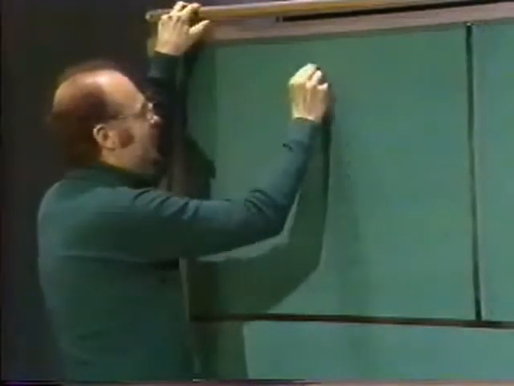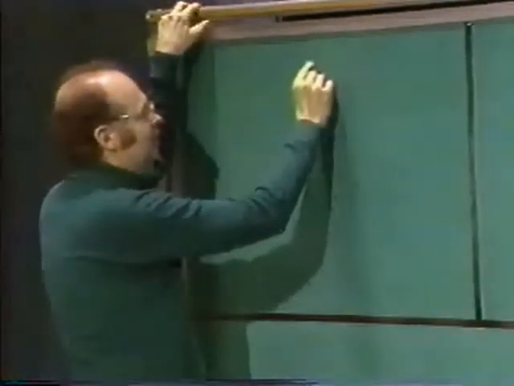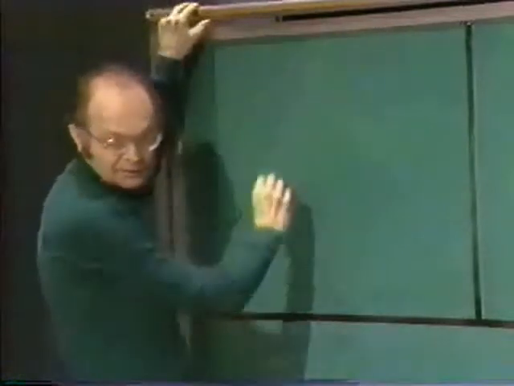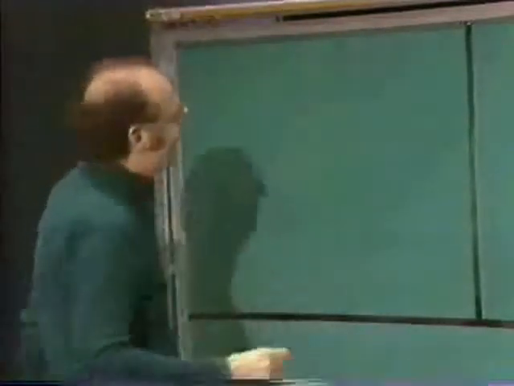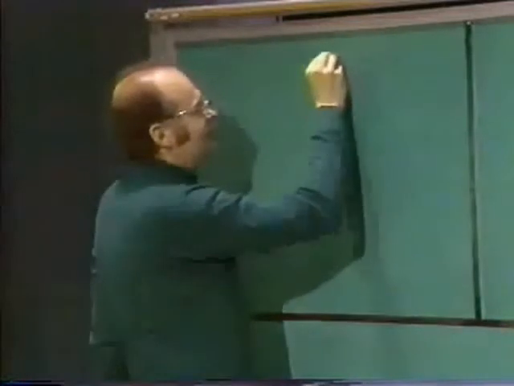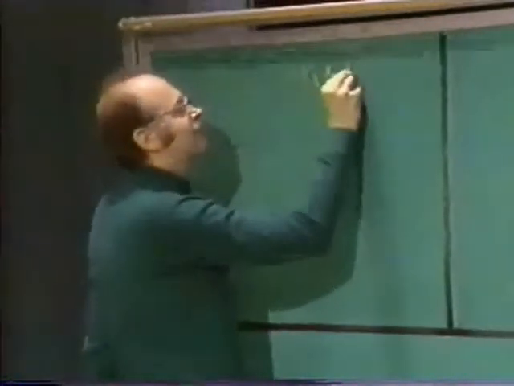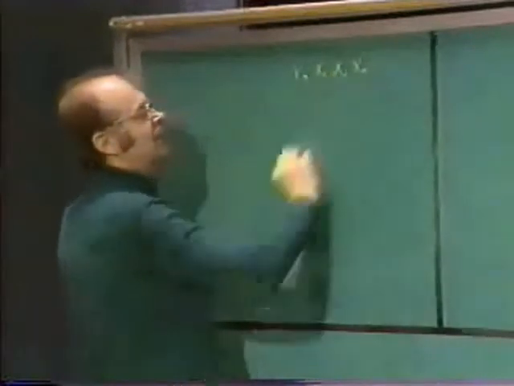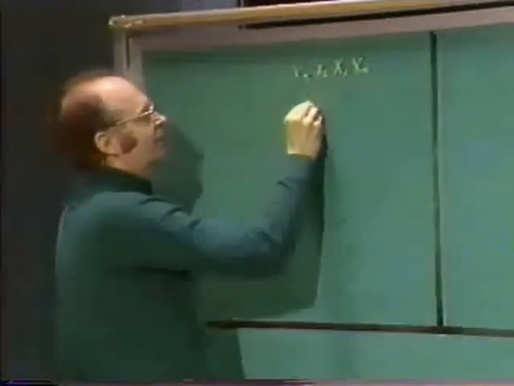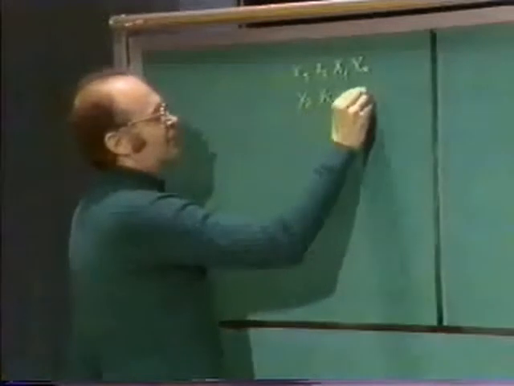We're adding two numbers together, and I don't know what the right notation is for it. So let me use what I know is the wrong notation, and then it won't be mistaken for the right one.